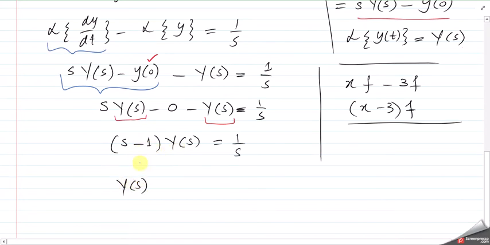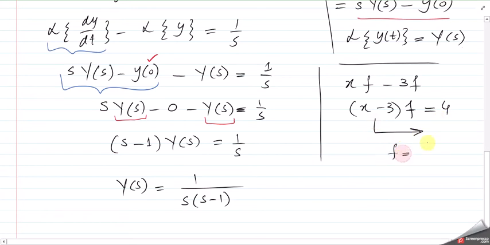Just send this thing down here: 1 over s minus 1. Just like if we have 4 here, then this x minus 3 will go down, and f will be written as 4 over x minus 3. So s minus 1 goes down and multiplies with this s which is already down here.